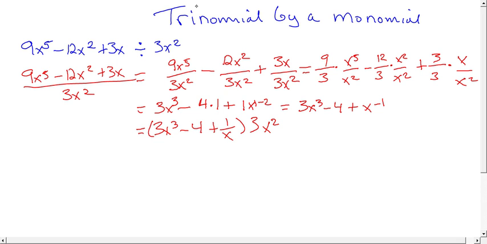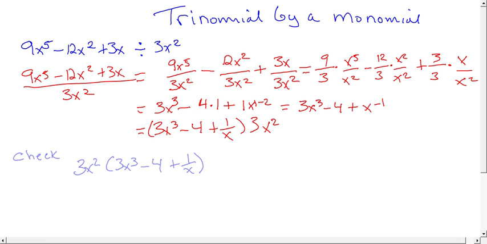So let's go on here and take a look at the check part to make sure that we are correct. We will do so by multiplying 3x squared times everything that's inside the parentheses. So here we have 3x raised to the second power times 3x cubed minus 4 plus 1 over x. Okay, great.